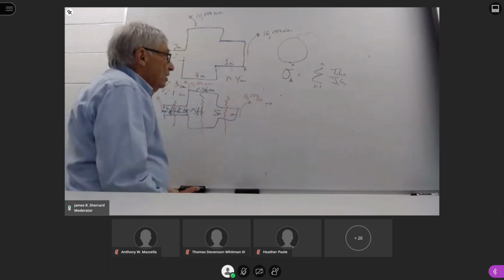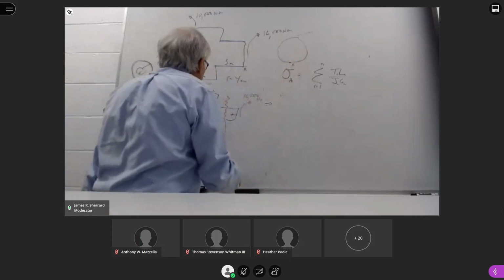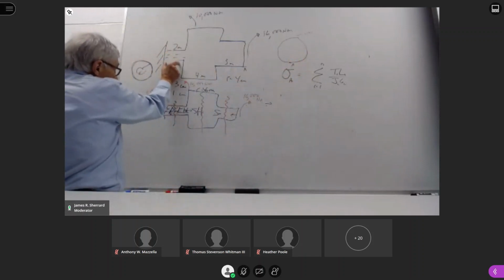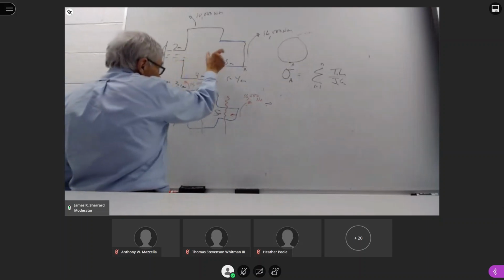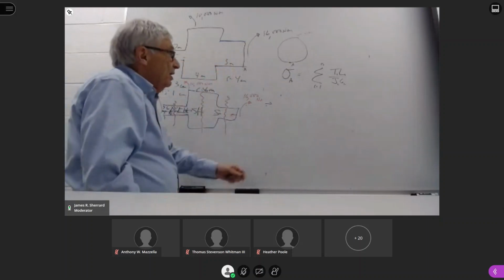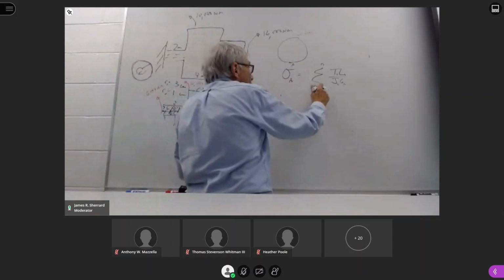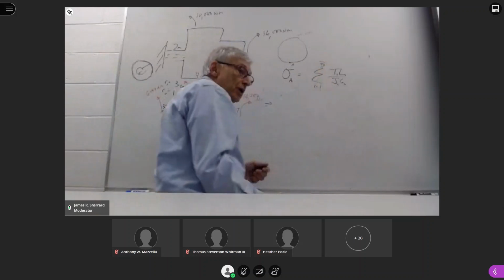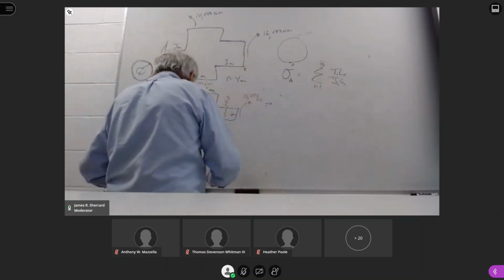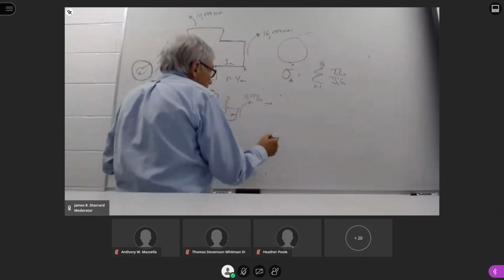In this case, in order to find out what's going on at A, we're going to have to look at what's going on in the first section, what's going on in the second section, what's going on in the third section. So this is going to go from 1 to 3. So I'm going to write that out.